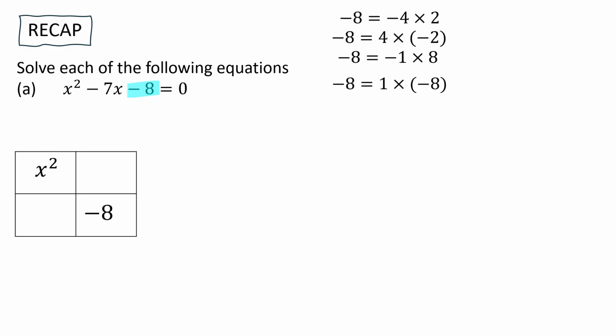And then the next thing is to get x squared. How do we get x squared? Yes, we need x times x to get x squared. So x squared is just basically x multiplied with x.